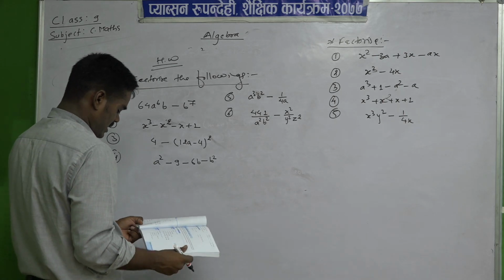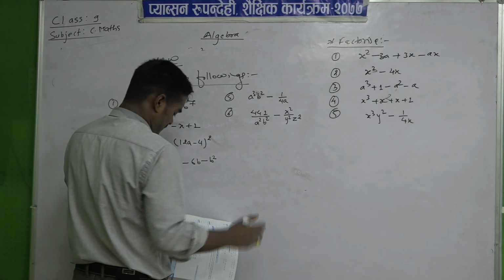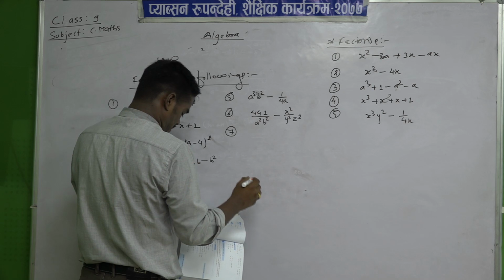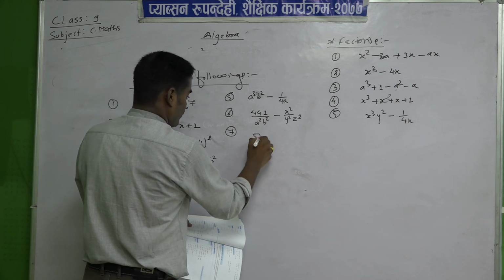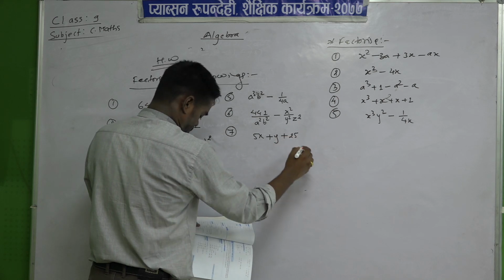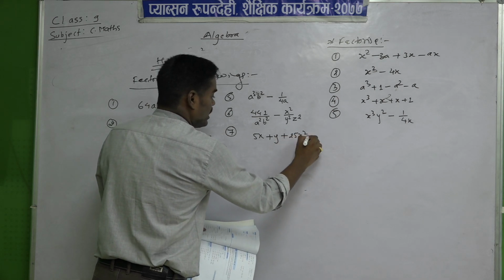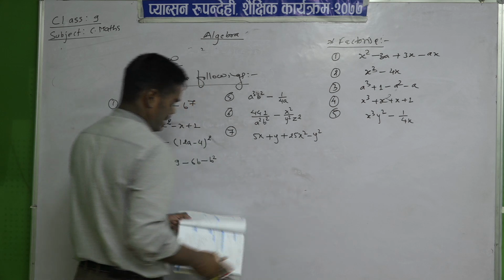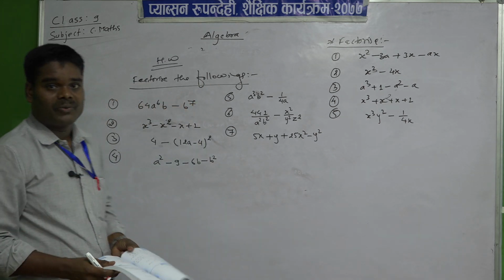And then number 7: 5(x plus y) plus 25(x square minus y square).